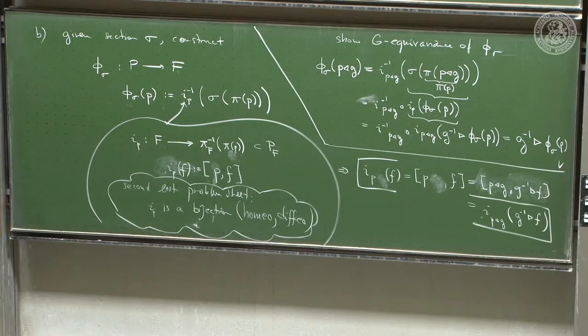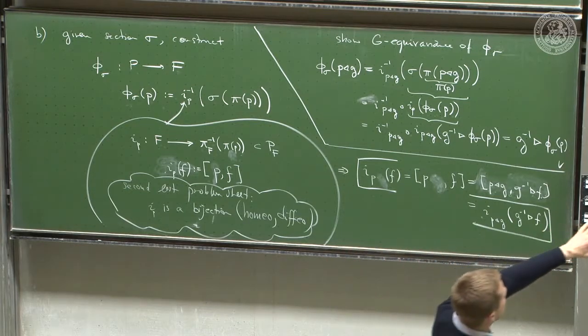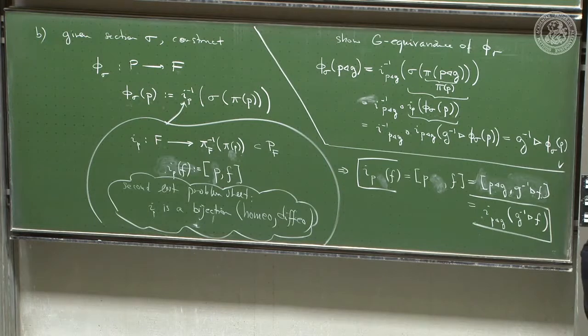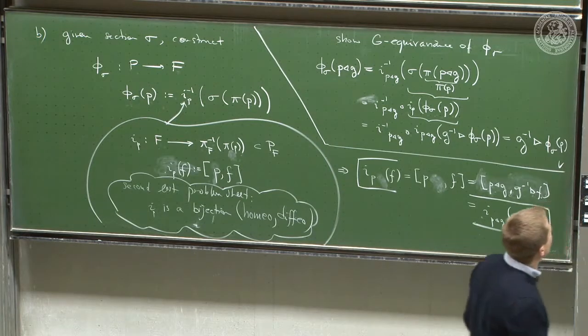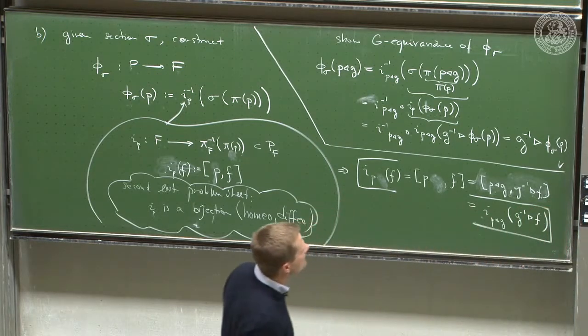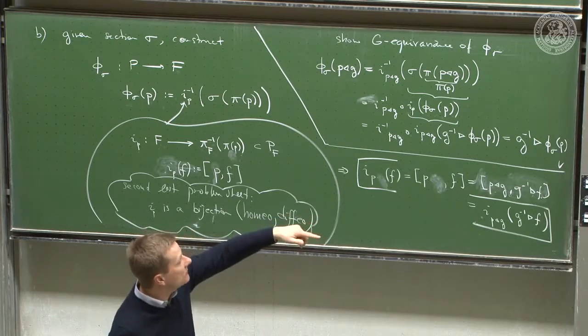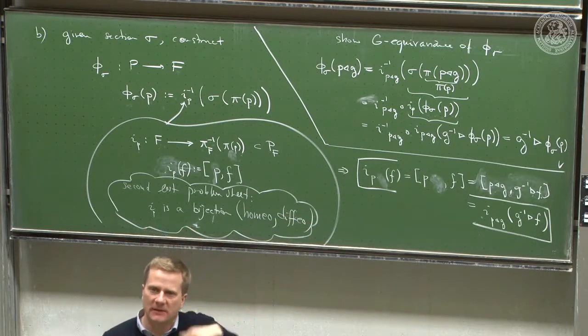Good. So what have we shown so far? We have shown that we provided a construction to go from a section of the associated bundle to an F-valued G-equivariant function on the principal bundle and the other way around. What we haven't shown yet is that by this construction no information is lost.